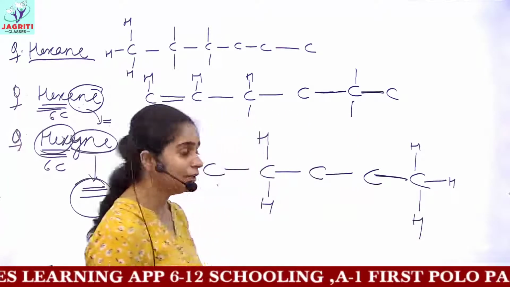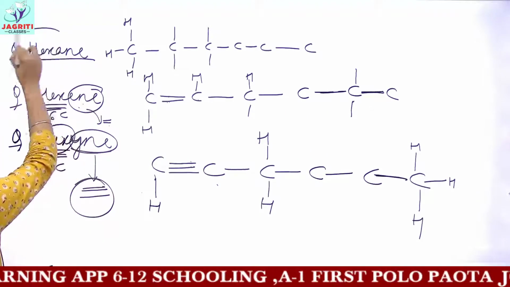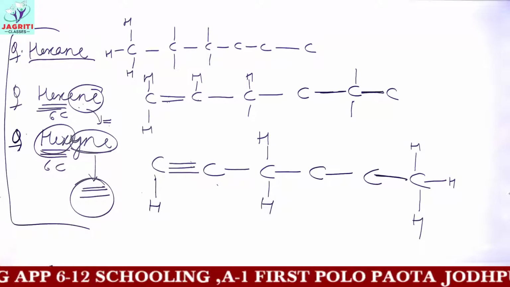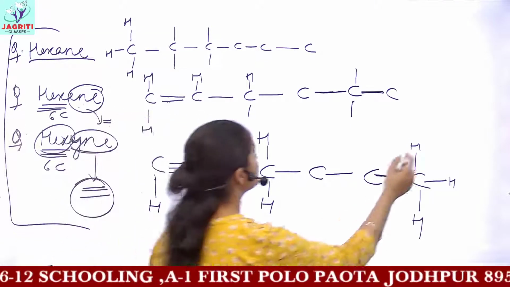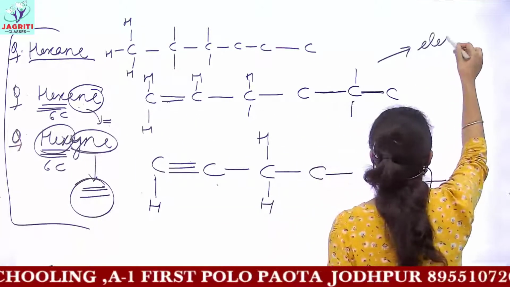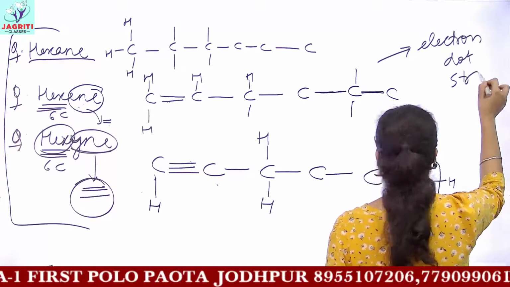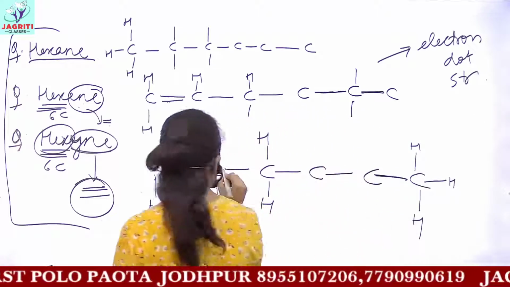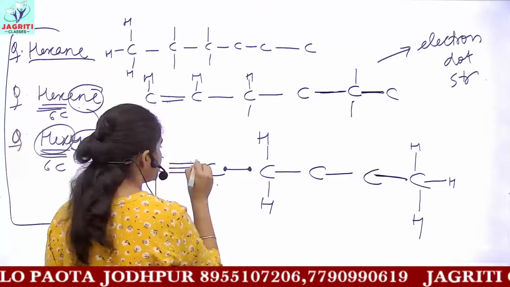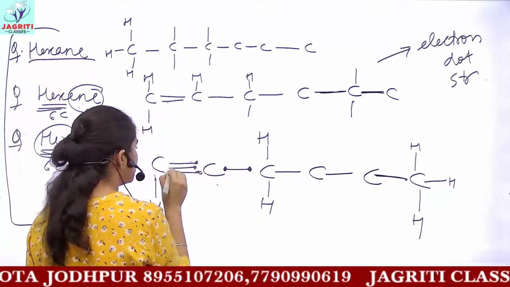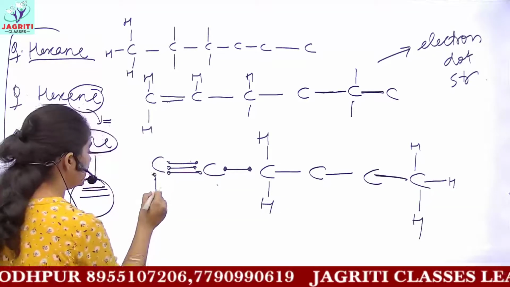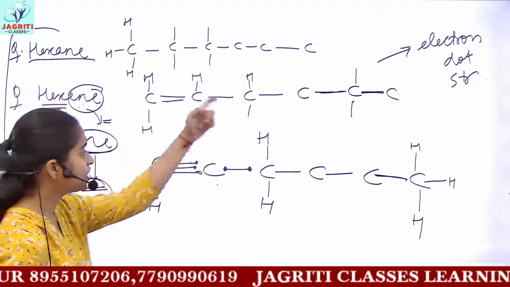Okay? So this is half of the work I have done to make their structures. Now I want you after this to practice the electron dot structure. How will you do the electron dot structure now? On every bond you will put dots which will symbolize electrons, and then you will make the sharing circle. Complete the sharing circle.